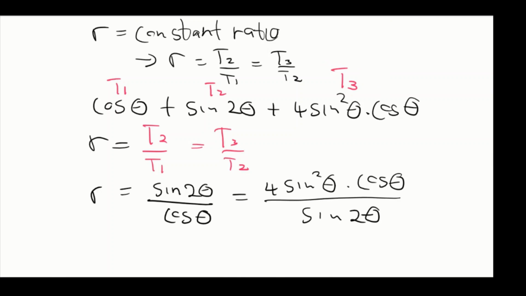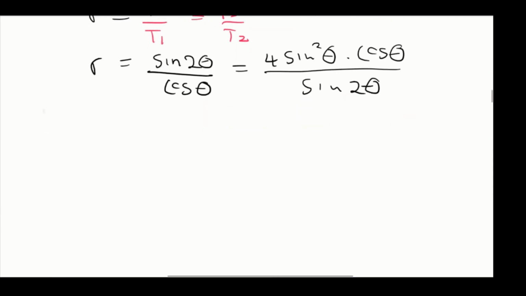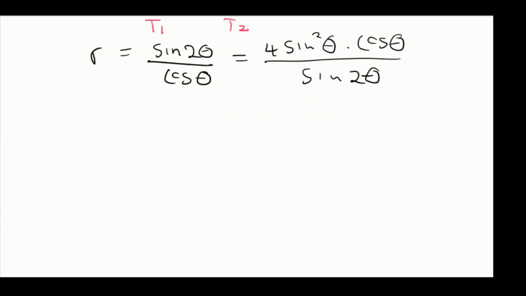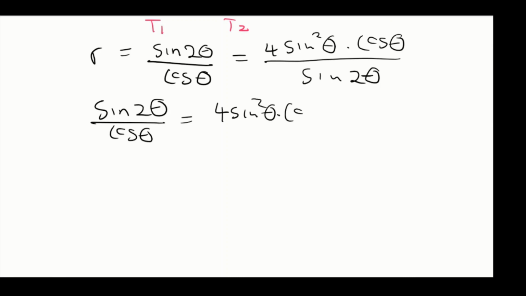So this is our r. To write this properly, sine 2 theta over cos theta equals 4 sine squared theta multiplied by cos theta divided by sine 2 theta.